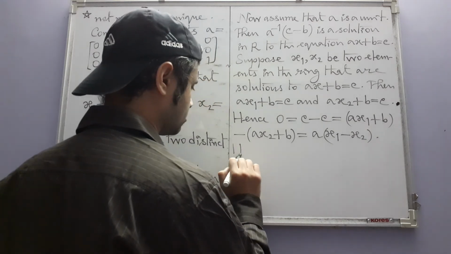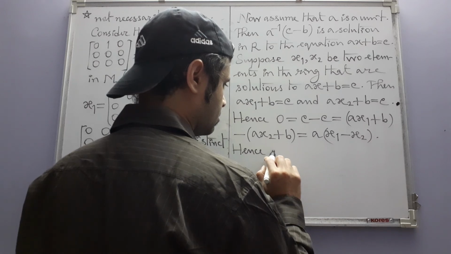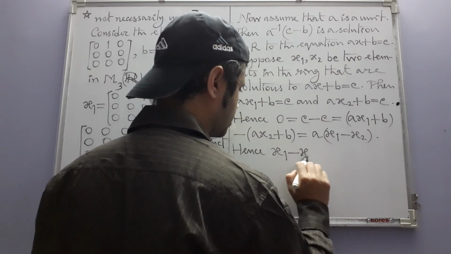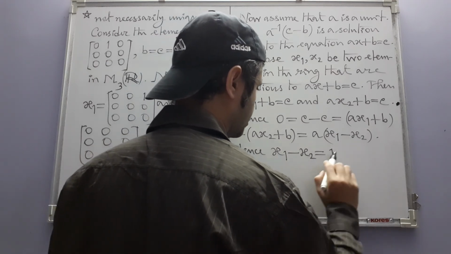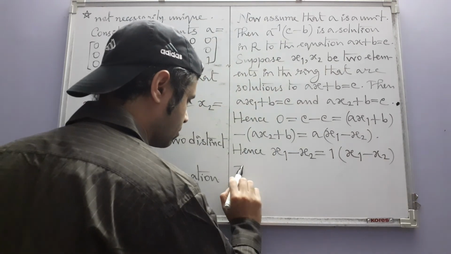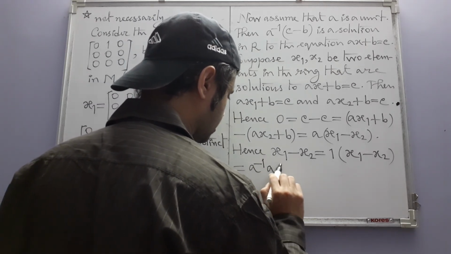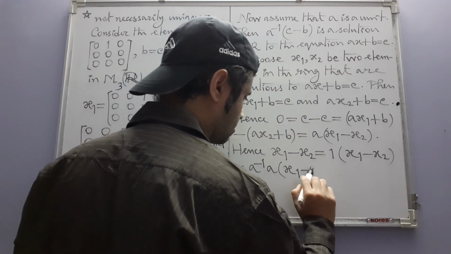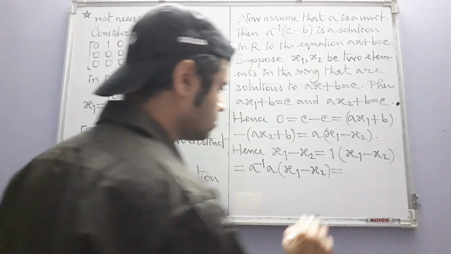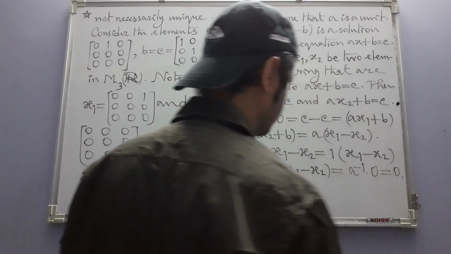Hence x1 minus x2 can be written as 1 times (x1 minus x2), and 1 can be written as A inverse A times (x1 minus x2), but A times (x1 minus x2) is 0, and in a ring when you multiply anything with 0 you get 0.